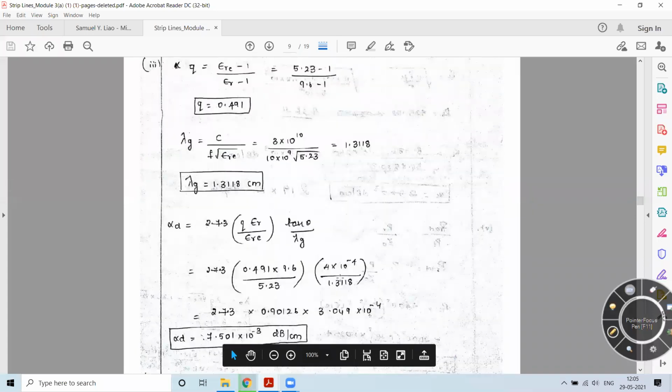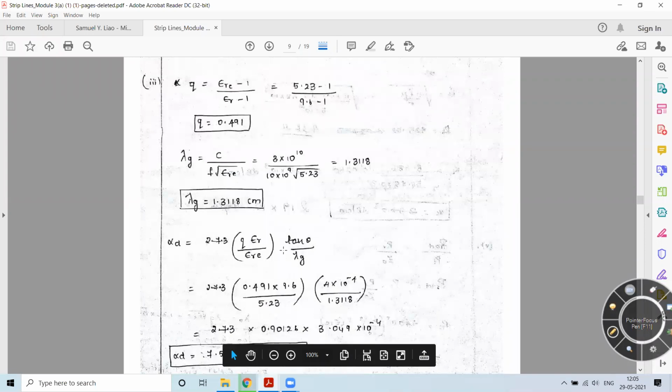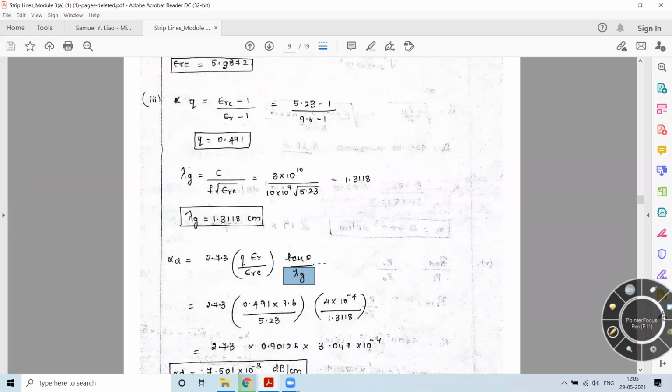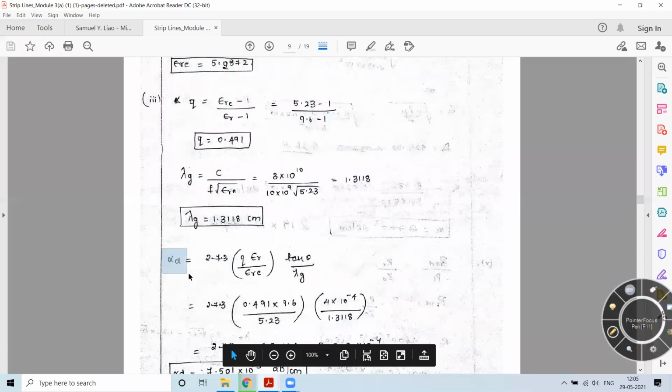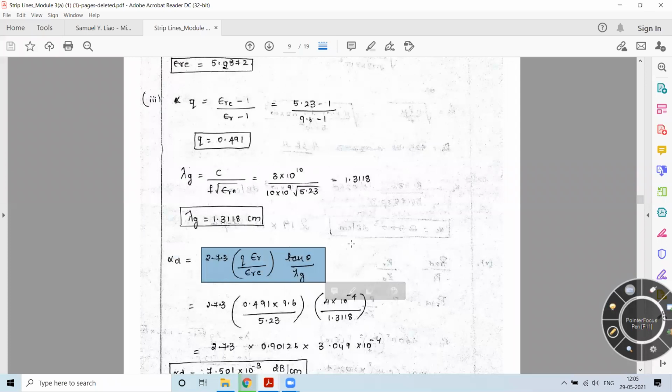But when you substitute these values, all the representations will be in terms of centimeters. Therefore, when you simplify it, you will get it in terms of dB per centimeter. So here we have alpha d, which is 2.73 into q into epsilon r divided by epsilon re into tan theta divided by lambda g.